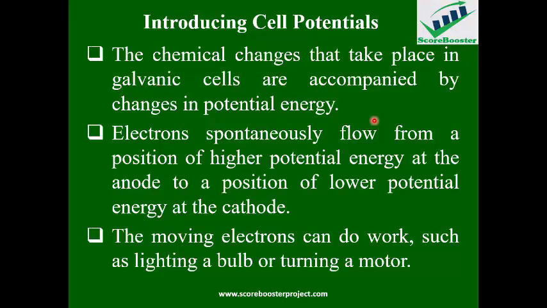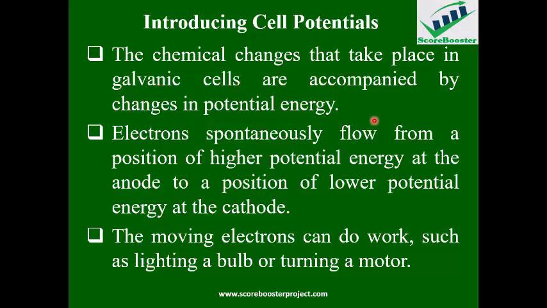What if we have the same electrode, like copper and copper, so the anode and cathode are the same? Are we going to have anything? No, simply because the potentials are the same. There's not going to be any change in potential, so electrons will not flow. When electrons are not flowing, there is no electric current.